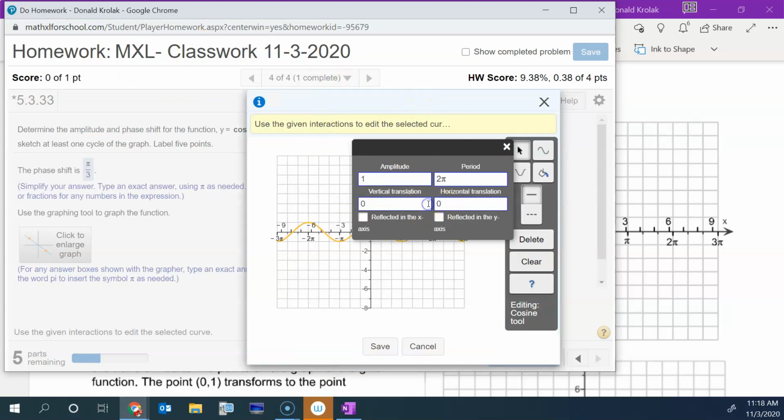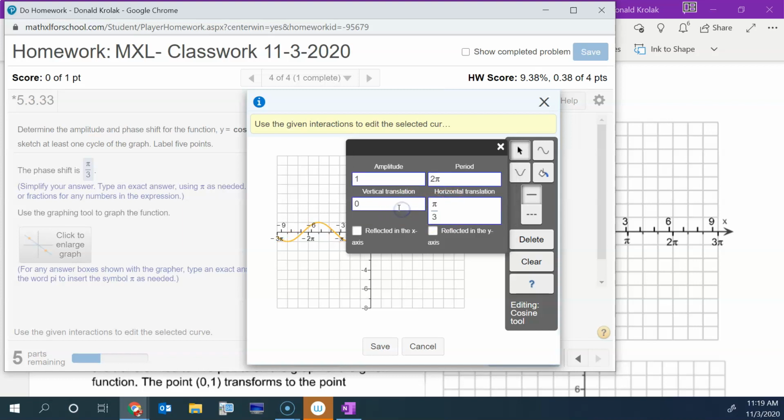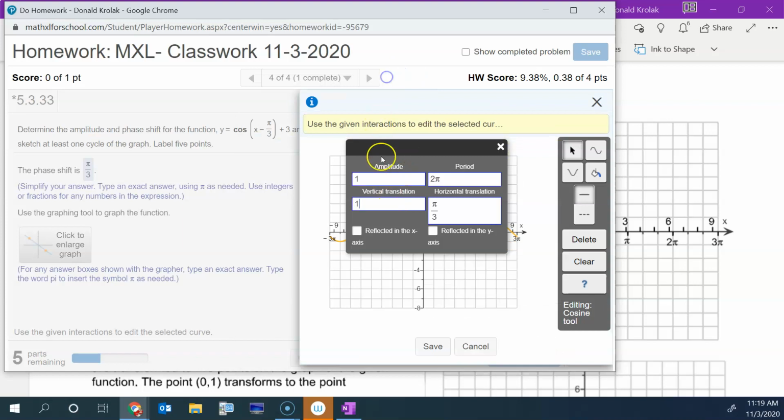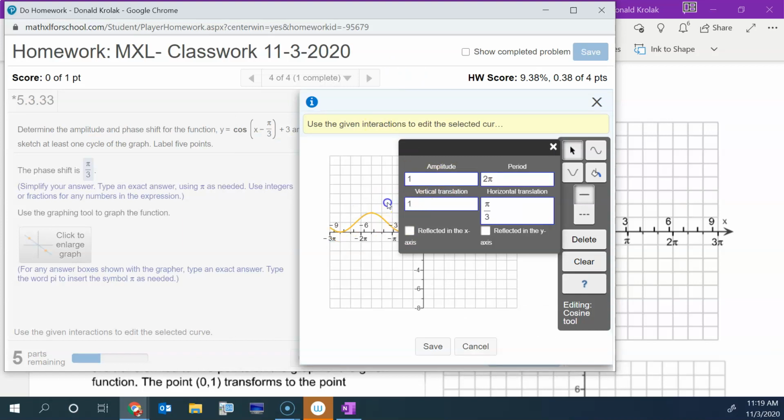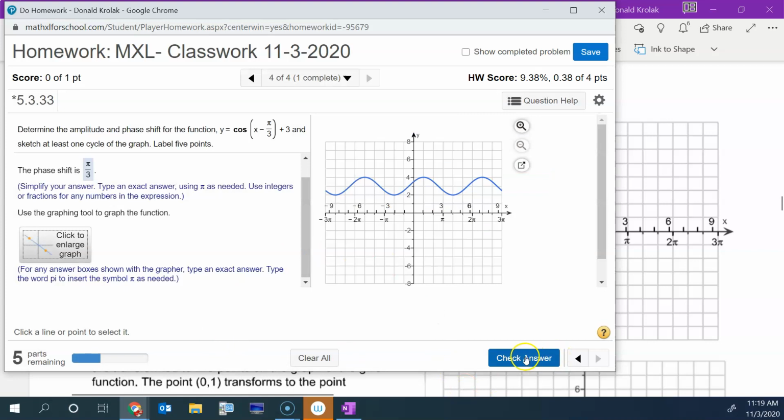So horizontal shift is pi over 3. And the vertical shift was mine 1. Oh, 3. 3. Okay, check that.